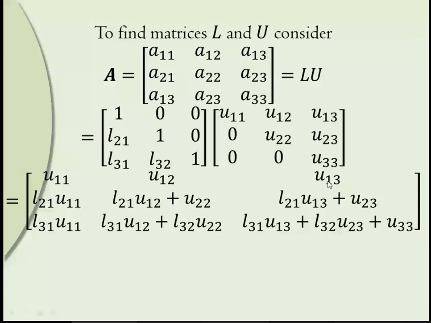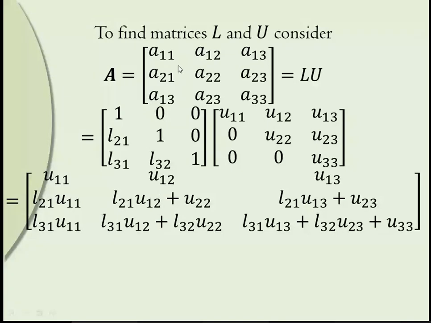Position of this element is second row, first column. Take second row of this, first column of this. Multiply them and add them. It gives us this element. Like that, do this multiplication. Okay, and equating this product with the given matrix. A is the given matrix. We can get it from that system. So equate each of these elements with the corresponding element.